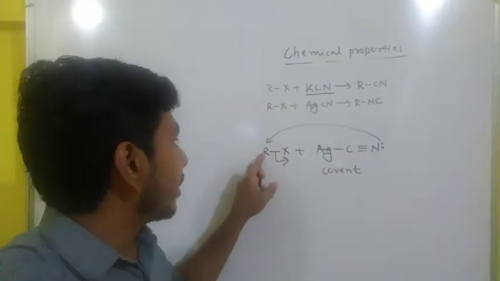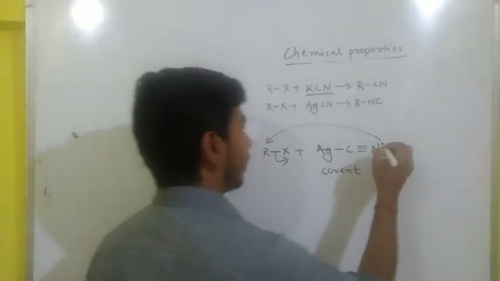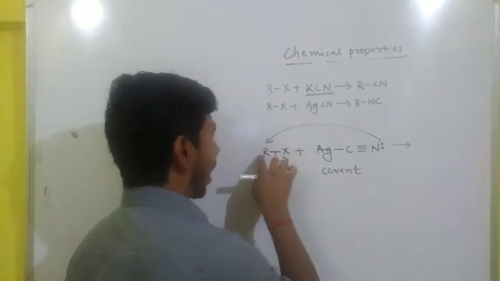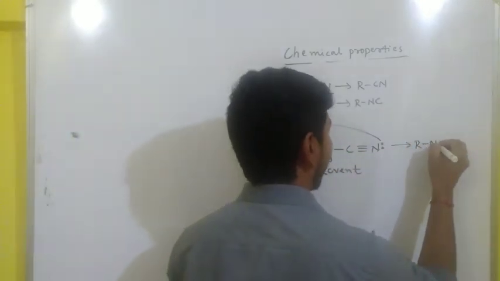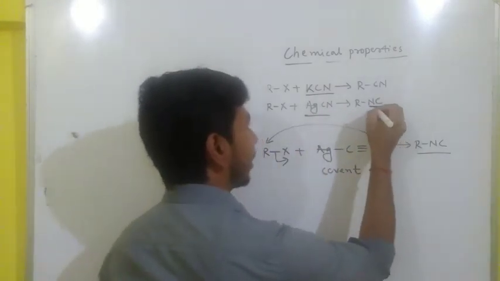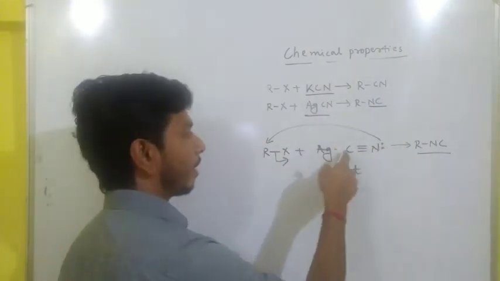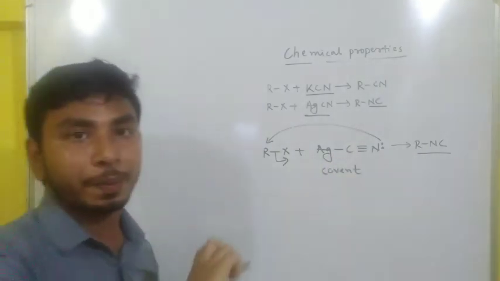Now this alkyl group is bonded with the nitrogen. So now we are getting the product RNC, that is isocyanide. So with AgCN we get NC, not CN, because here carbon cannot donate any electron pair.